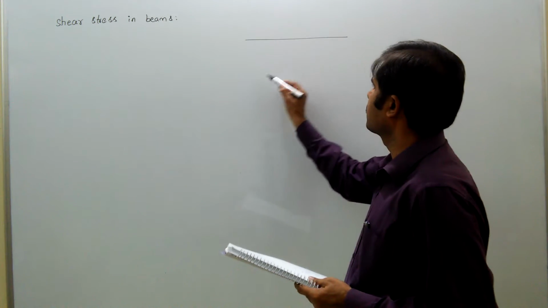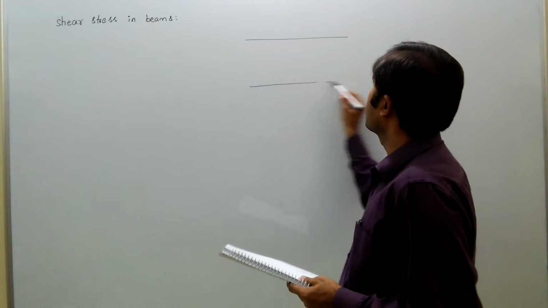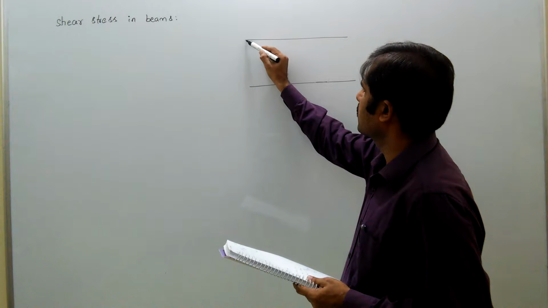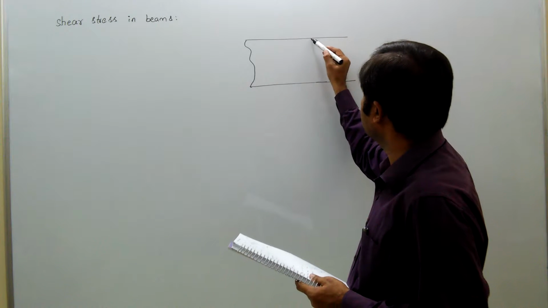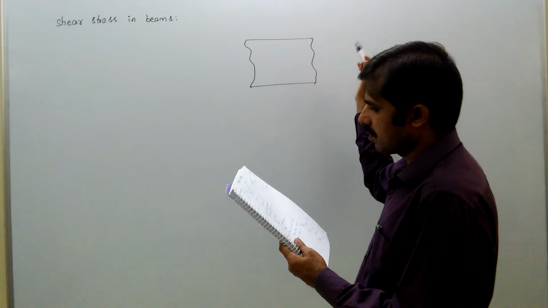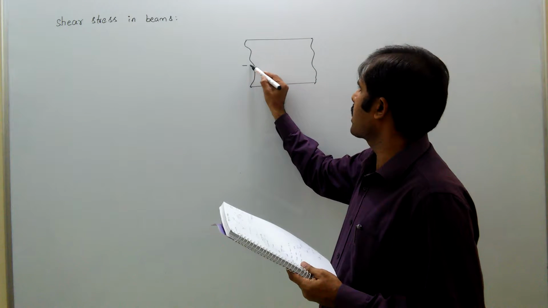Let us take the beam longitudinal section like this. This is the neutral axis.